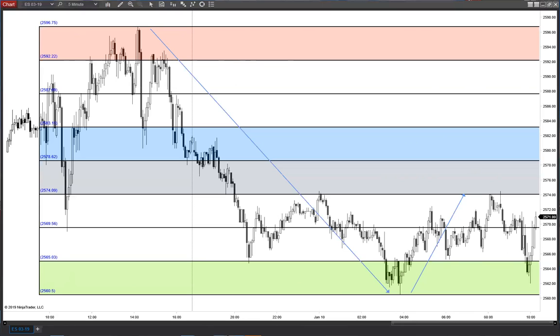And obviously, if we use our terminology that we like to, we can label the bounces and see where we think they may or may not go based on laws of proportion.